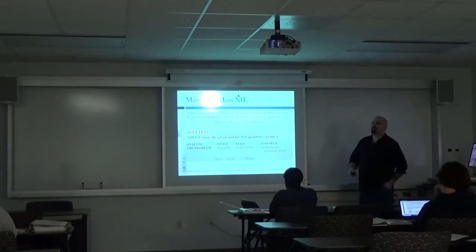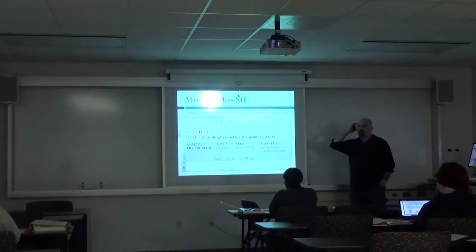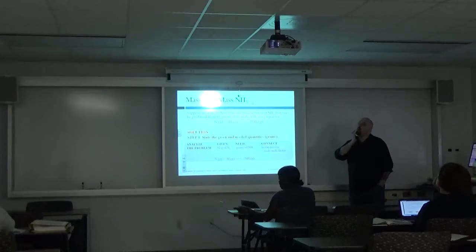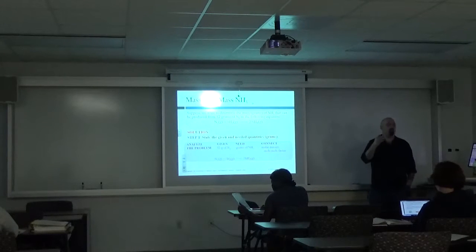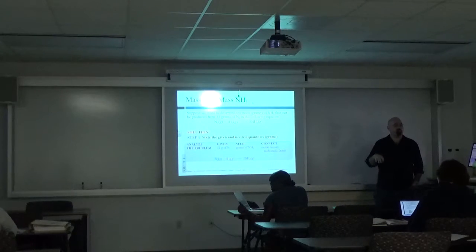Nitrogen is 14.0067, which if we're rounding to 4 significant figures is what? 14.01. 14.01 grams per mole, or 1 over 14.01 moles per gram, right?